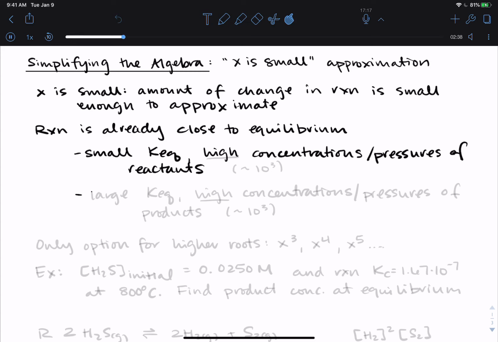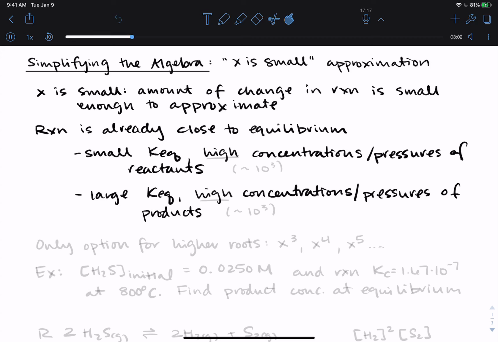If you have a large Keq, then you have high concentrations or pressures of the products.